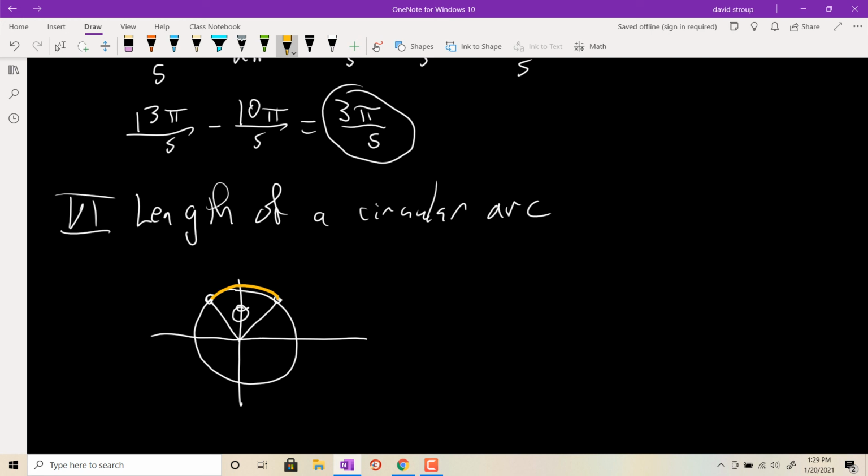That walking distance is S, and this circle has some radius r. To figure out S, you multiply r times theta. One peculiarity of this is that theta must be in radians.